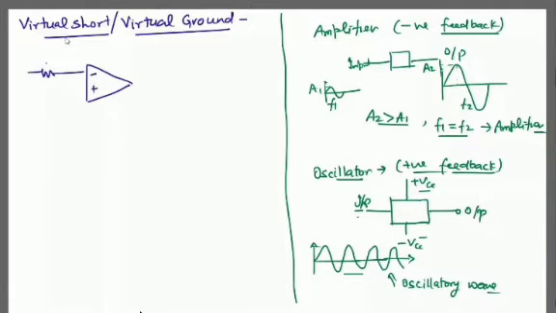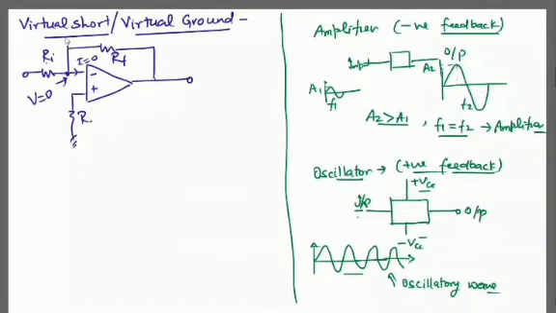And here this is Rf, this is Ri. You see this current is 0, and this is resistance R. So how much is the voltage at this point? VA equals 0 at this node.